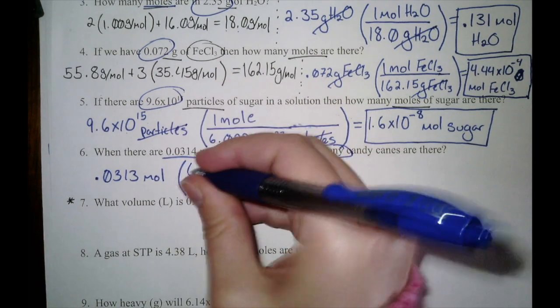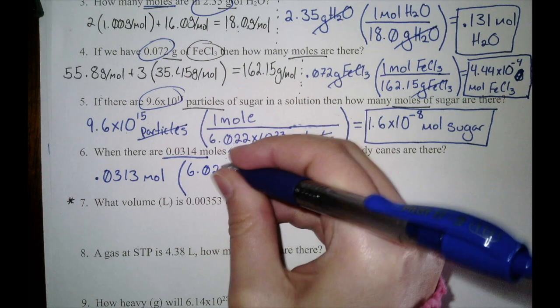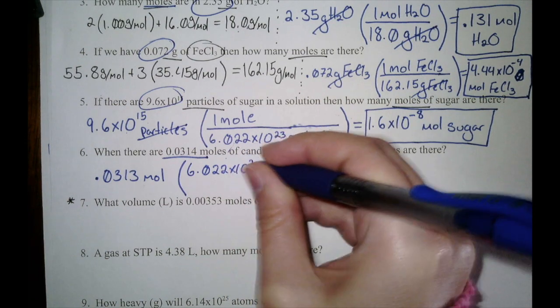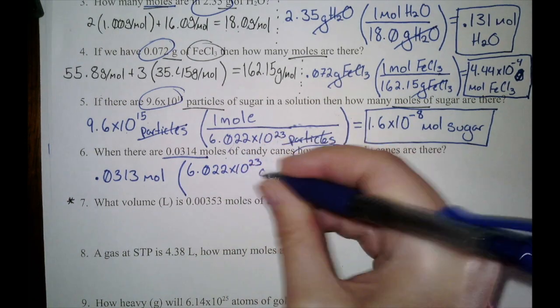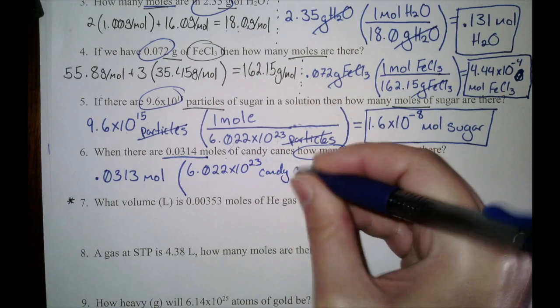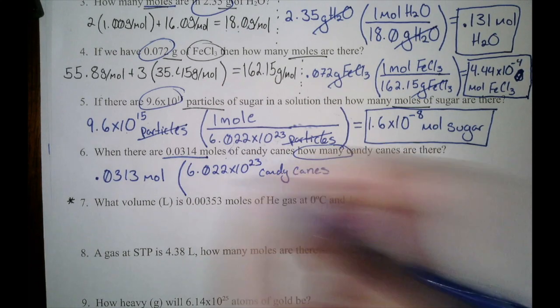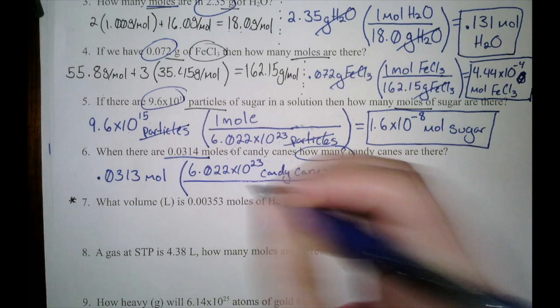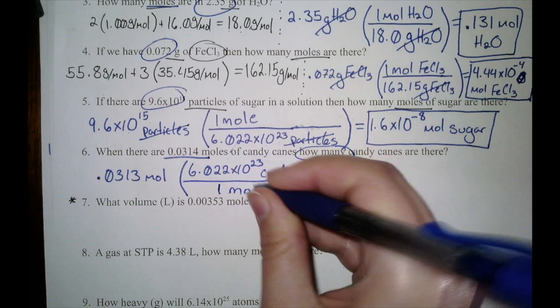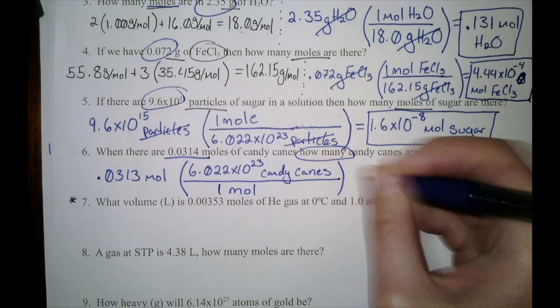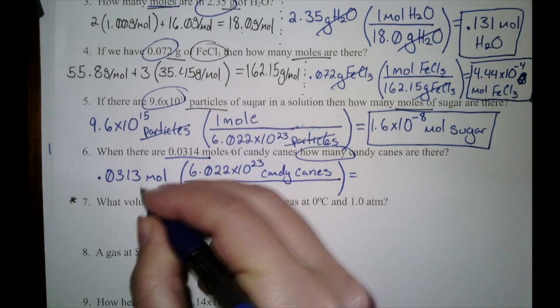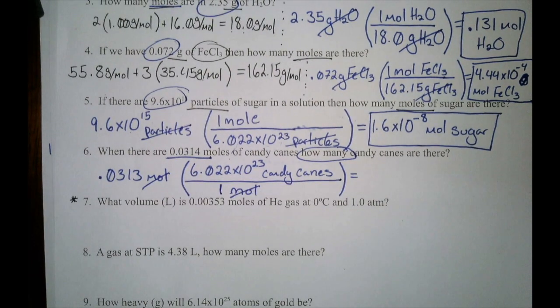And Avogadro's number, 6.022 times 10 to the 23rd, in this case, candy canes, will go on the top, and 1 mole will go on the bottom. So that moles cancel, and I'm going to be left with my number of candy canes.